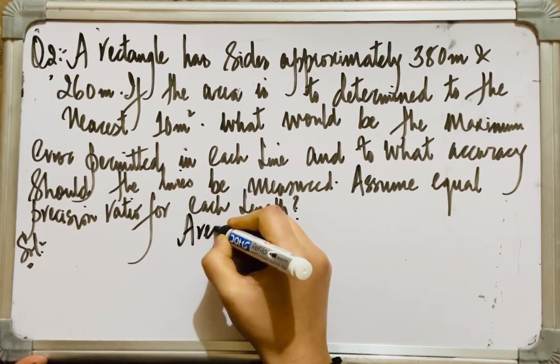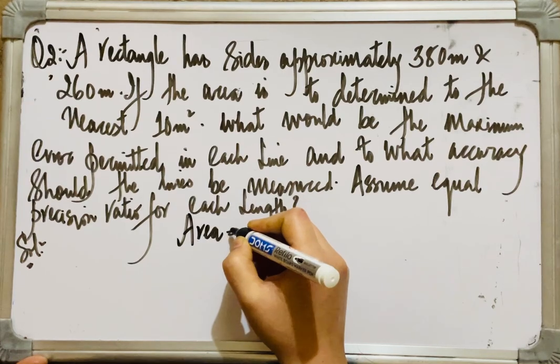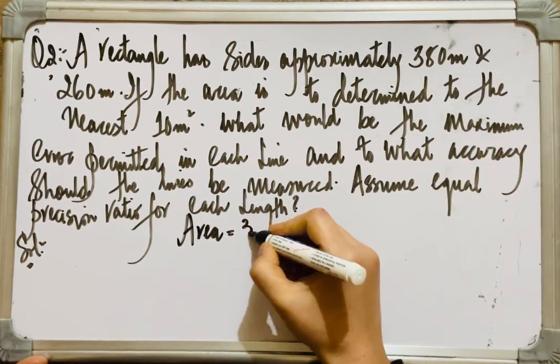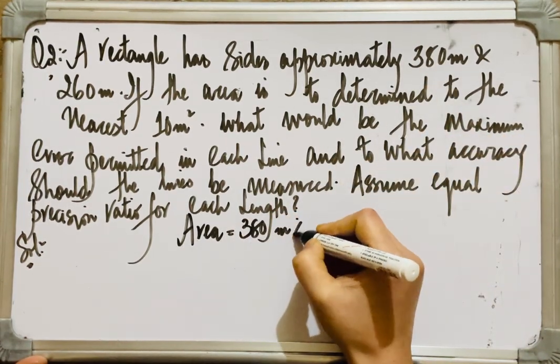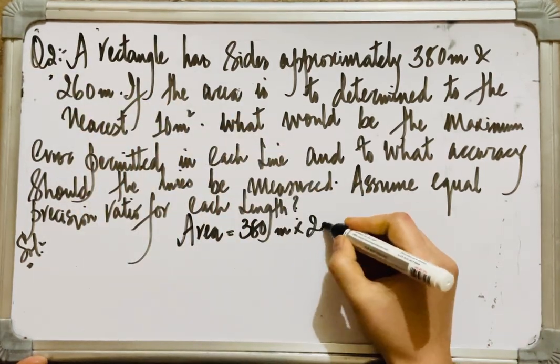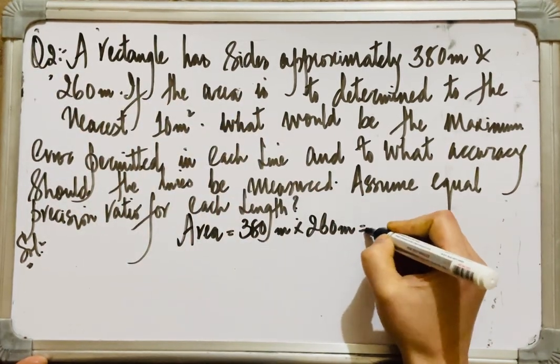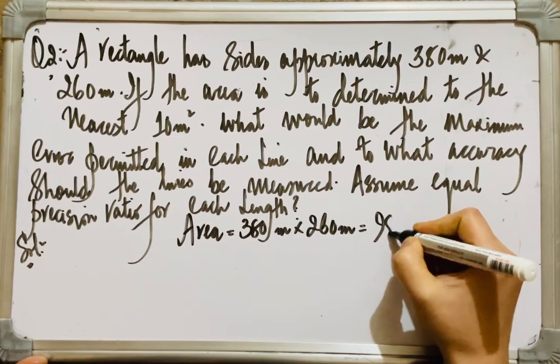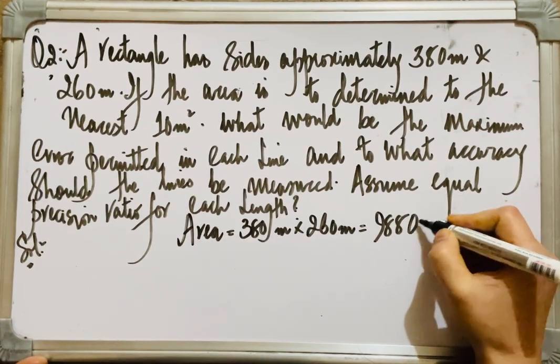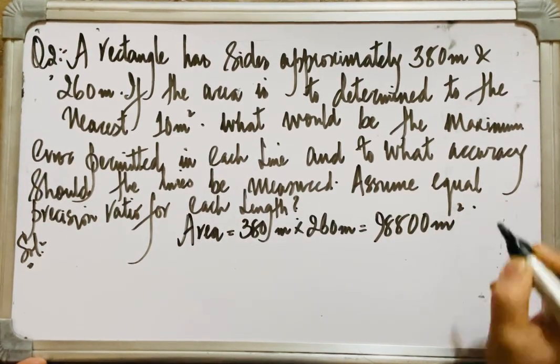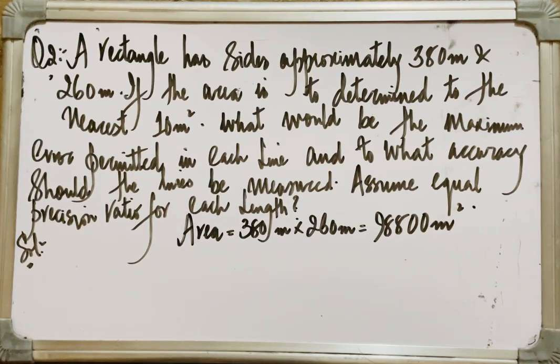Area of this rectangle is 380 meters multiplied by 260 meters, which is equivalent to 98800 meters square. This is the area of this rectangle, which has sides as 380 meters and 260 meters.